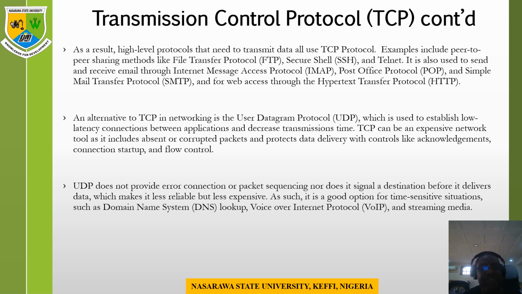However, UDP does not provide error correction or packet sequencing, nor does it signal the destination before it delivers data, which makes it less reliable but less expensive. As such, it is a good option for time-sensitive situations such as domain name system lookup, voice over internet protocol, and streaming media.